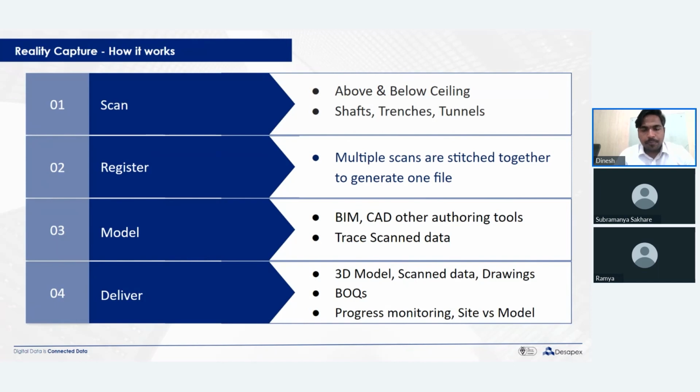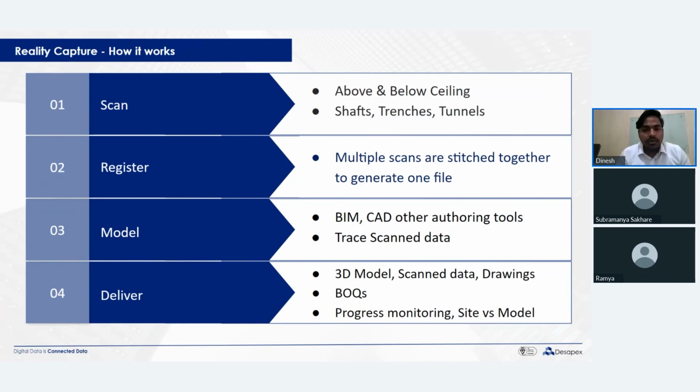There will be multiple stations, and each station has to be stitched together, and then you get a single point cloud at the end. This point cloud data will be taken to the modeling authoring tools, so you develop the 3D model.